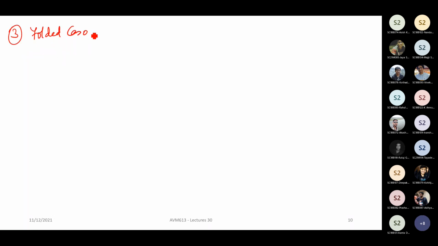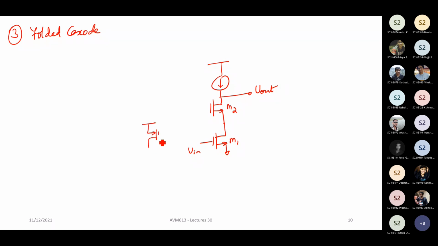Okay. So if you have this as your main amplifier, right? V in and V out, and then you have a PMOS input pair, which is good as far as this is concerned.